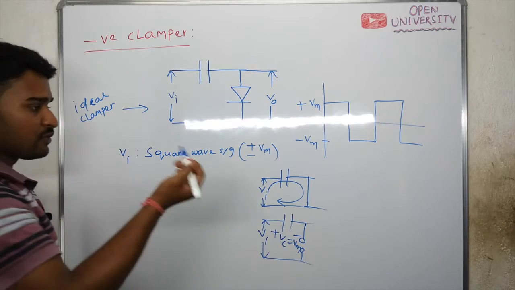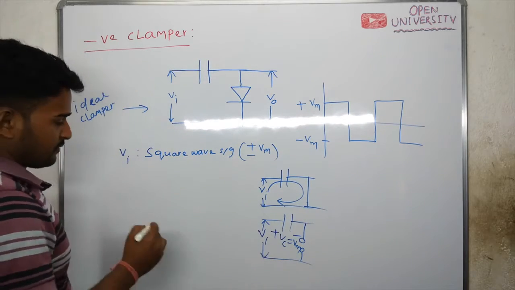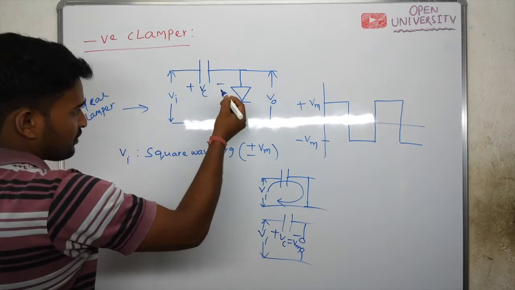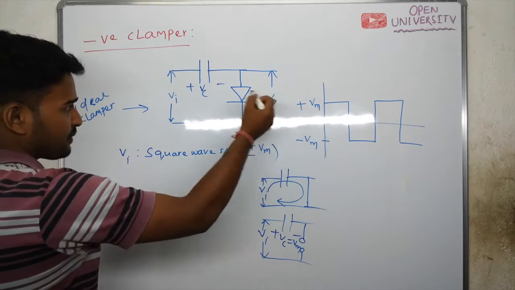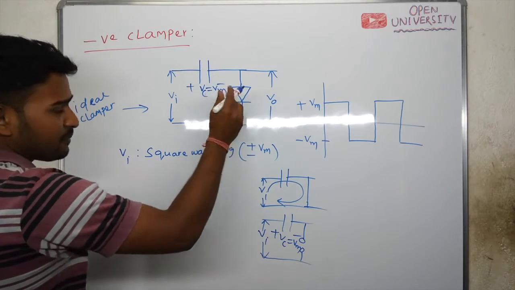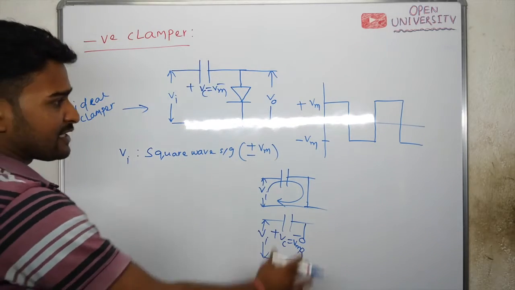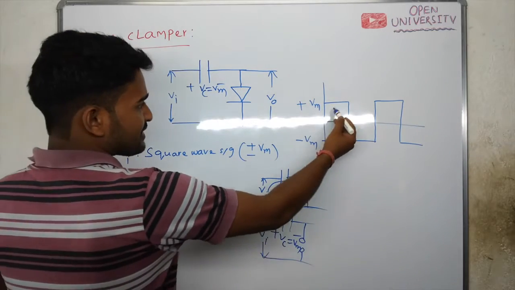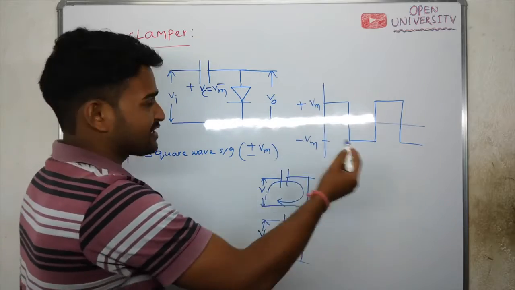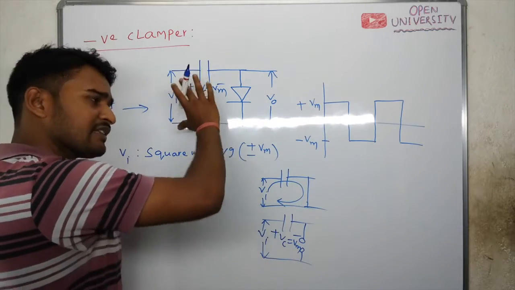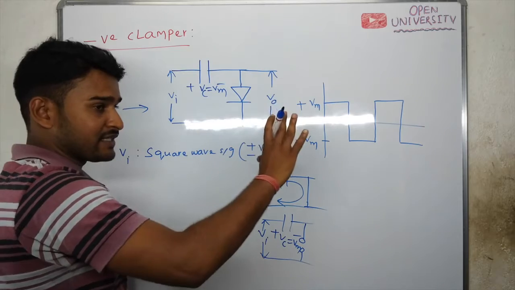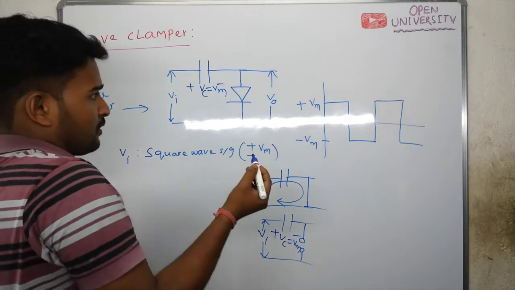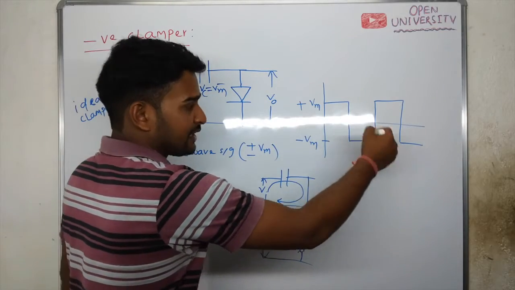So the voltage across the capacitor, Vc, once charged to the maximum value of the input, Vm, is fixed forever, irrespective of the input being negative or positive.